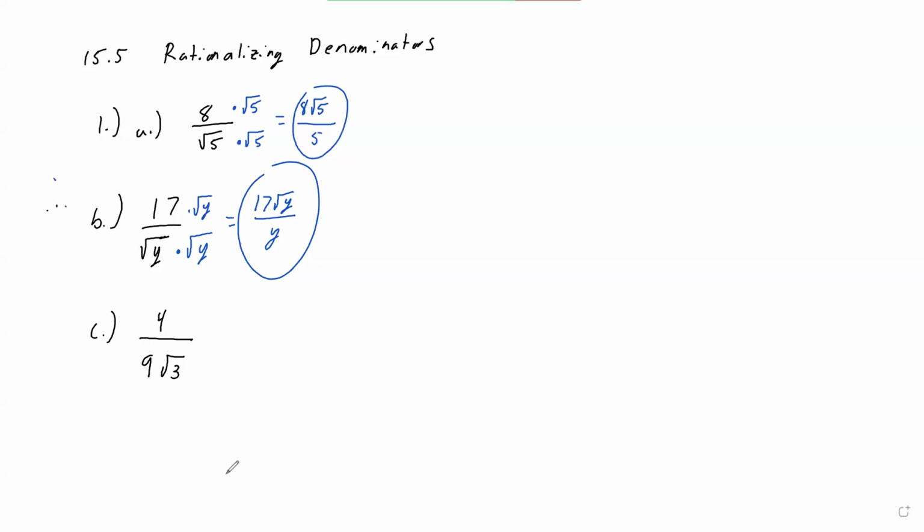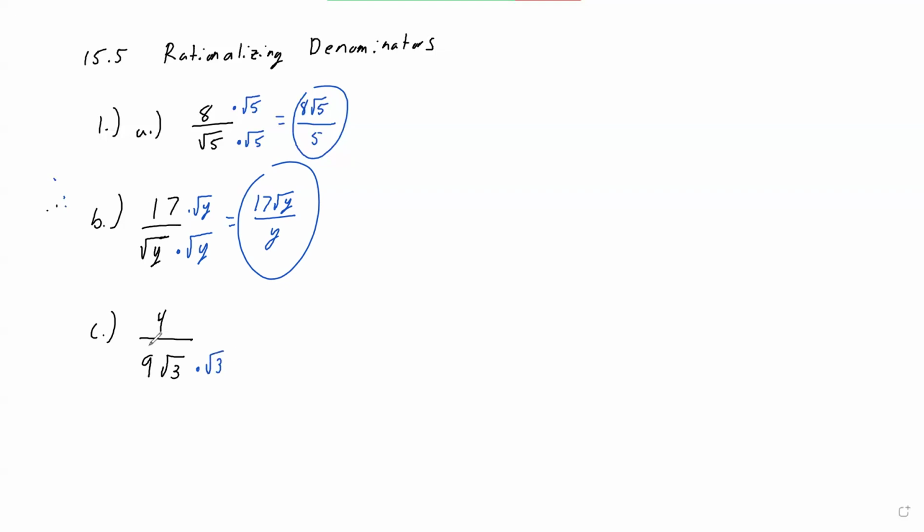You just are trying to move the radical. So I'm just going to multiply by the square root of 3.